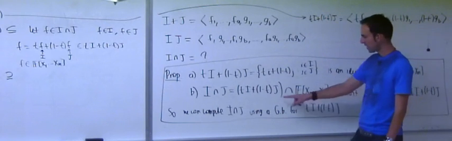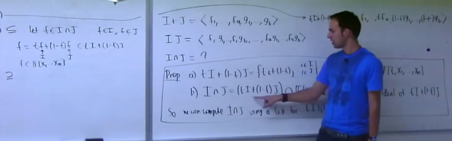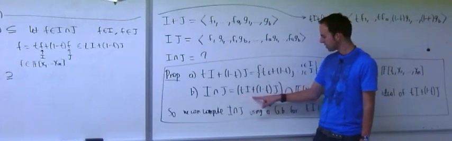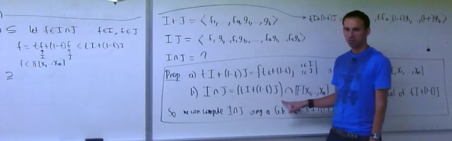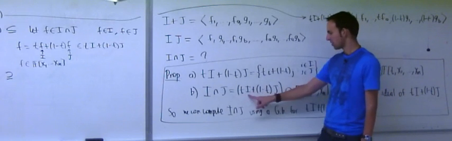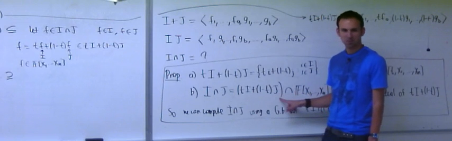Another question is, why is it in this guy? Well, to show that it's in this guy, I have to write it as t times something in I plus 1 minus t times something in J, and I have the freedom of choosing what I and J are.